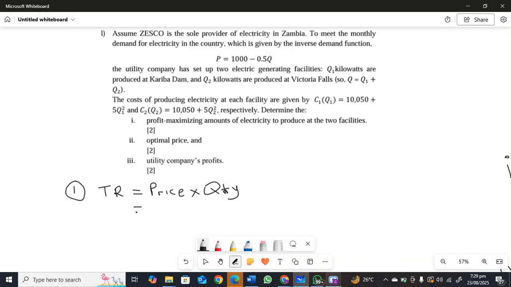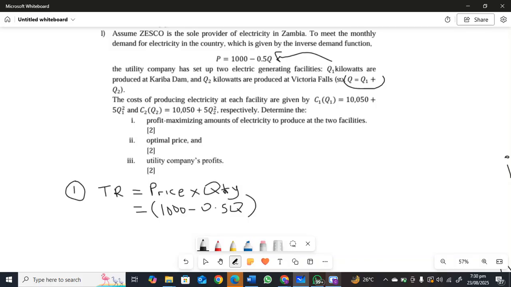So here our price, where you just see a P equals whatever, just take that as your price. Price is 1000 minus 0.5 Q. With this shortcut method, do not substitute this Q equals Q1 plus Q2 into this yet, or into the cost function yet.